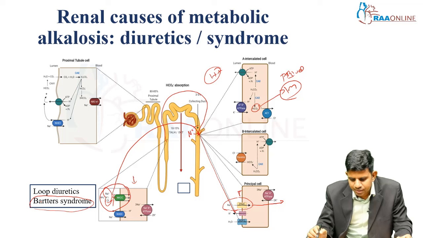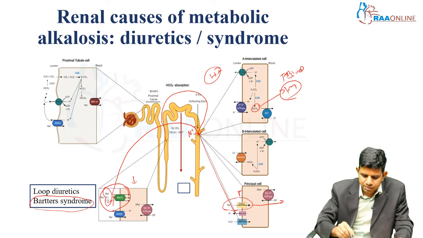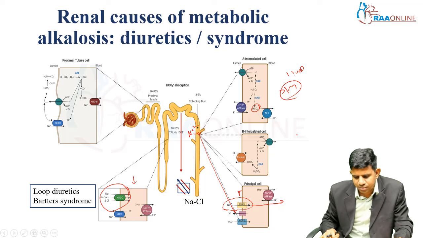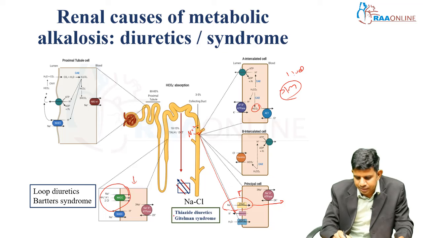Okay. What happens with the thiazide diuretics? I already told you it's a sodium chloride co-transporter. Okay. This sodium chloride co-transporter is inhibited by the thiazide diuretics here. Because it is blocked, there is increased sodium delivery here.